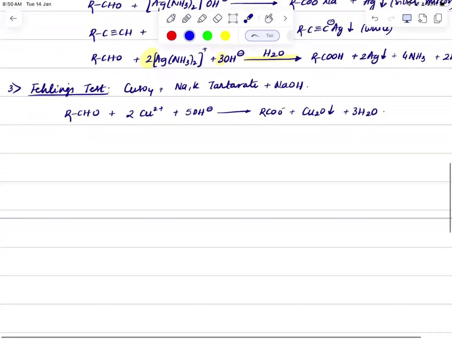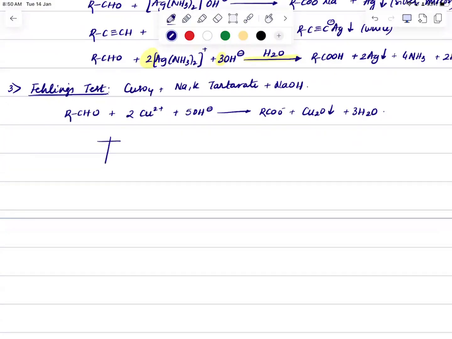Next thing is what exactly sodium potassium tartarate is in Fehling's test. See, tartarate would be like this, where you have COO-, COO-, Na+, and K+. With OH and OH, H and H, this is sodium potassium tartarate.